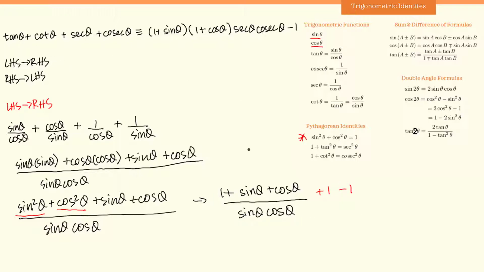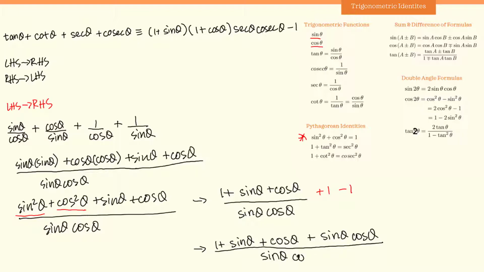So when I take the LCM with this positive 1, this becomes 1 plus sine theta plus cosine theta, and when 1 gets multiplied by sine theta cosine theta, it becomes sine theta cosine theta divided by sine theta cosine theta, and this minus 1 is going to be over here.